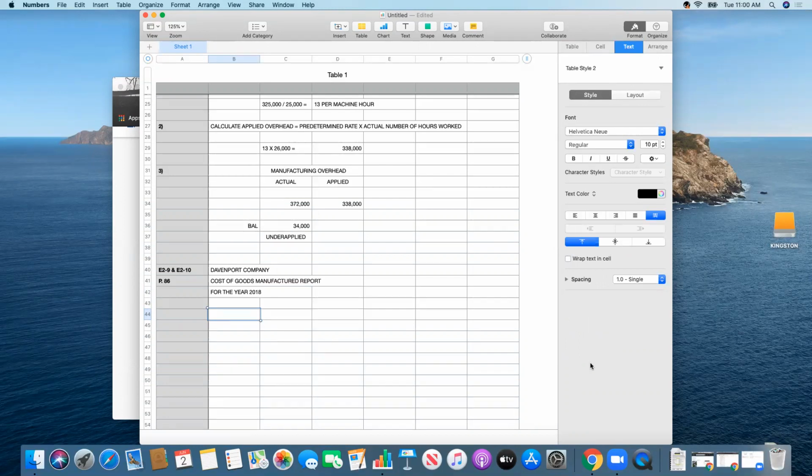We want to say beginning raw materials inventory. Right, and that amount is $35,500.